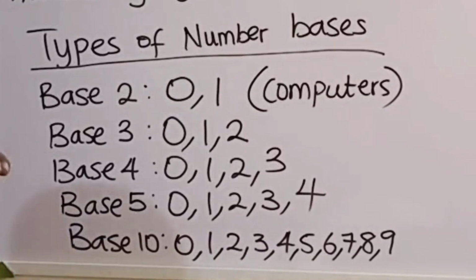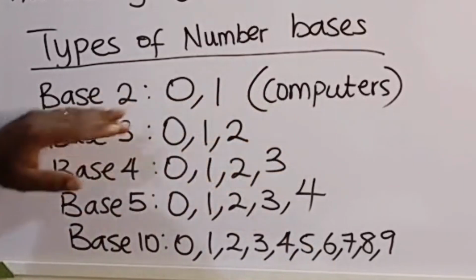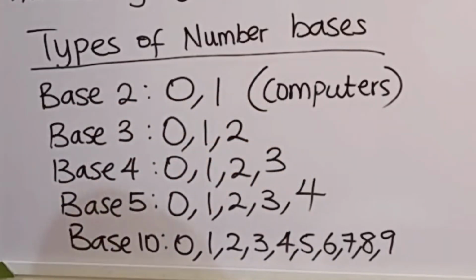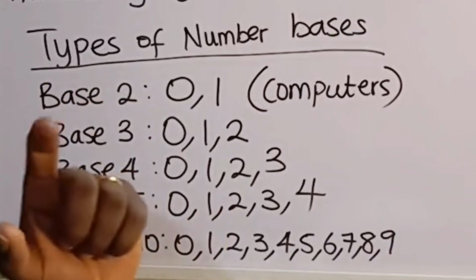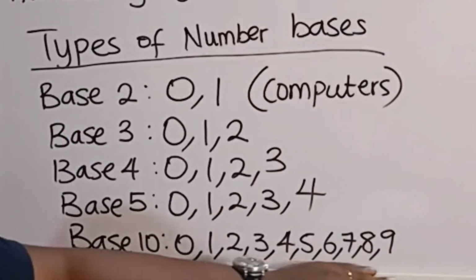Whenever you are using your phone or calculator to do a calculation, your calculator understands base 2. That means your calculator only understands 0 and 1. But you as a human being understand base 10.